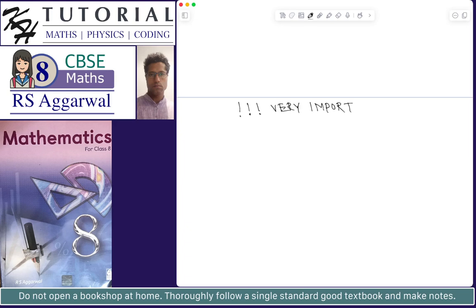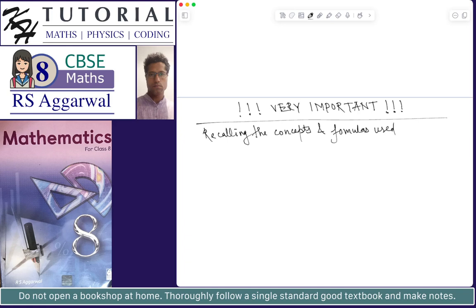That is recalling or revising the concepts and the formulas that were used to solve the problems. Very important. Recalling the concepts and formulas used.